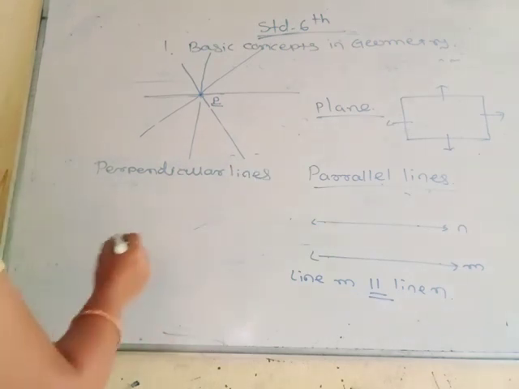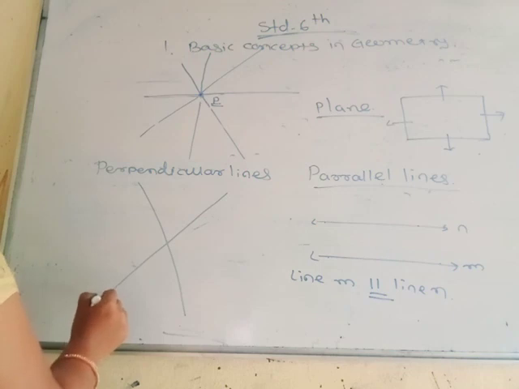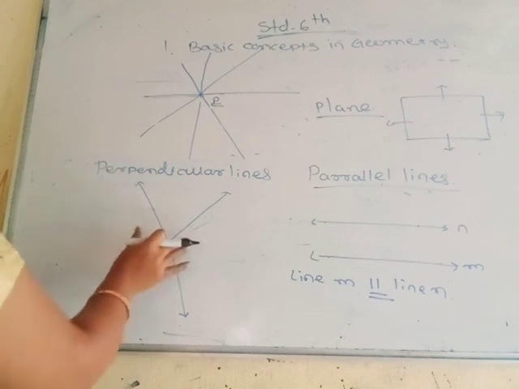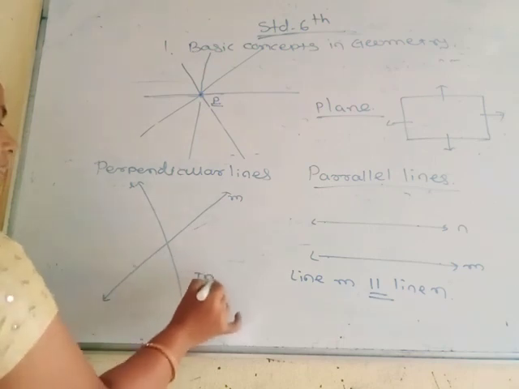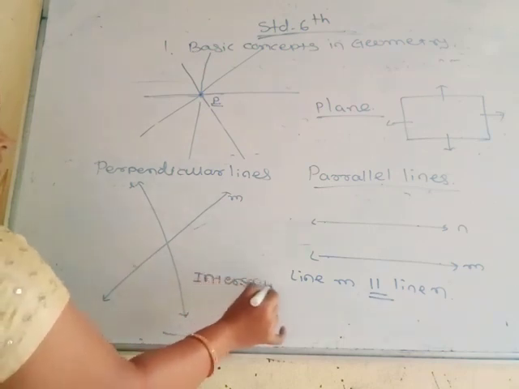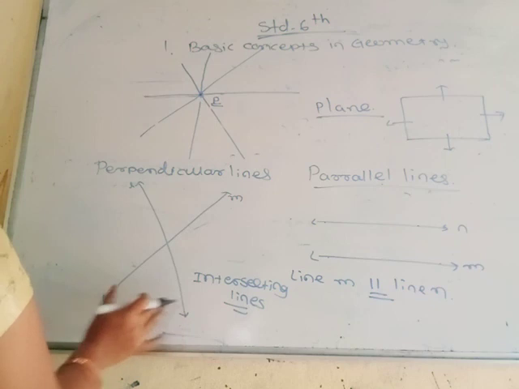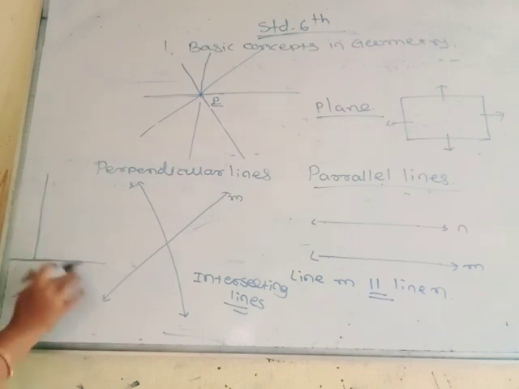When two lines intersect each other, meaning they meet each other, they are called perpendicular or intersecting lines. See this example: this line intersects that line. Therefore these two lines are intersecting lines.